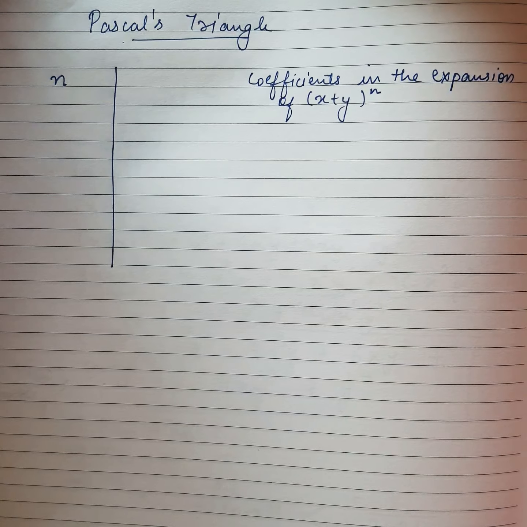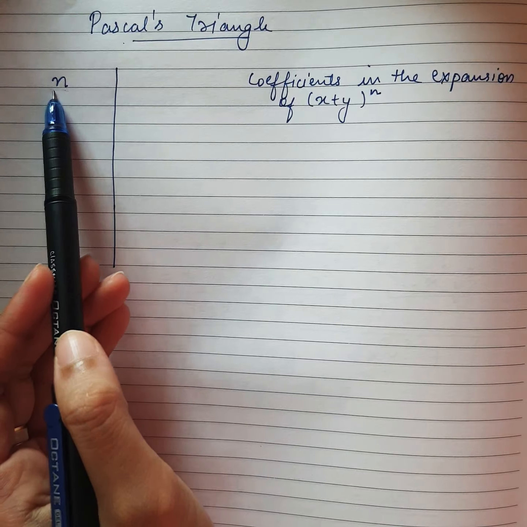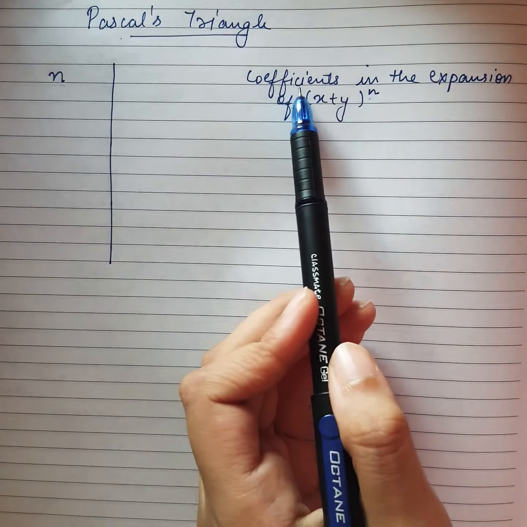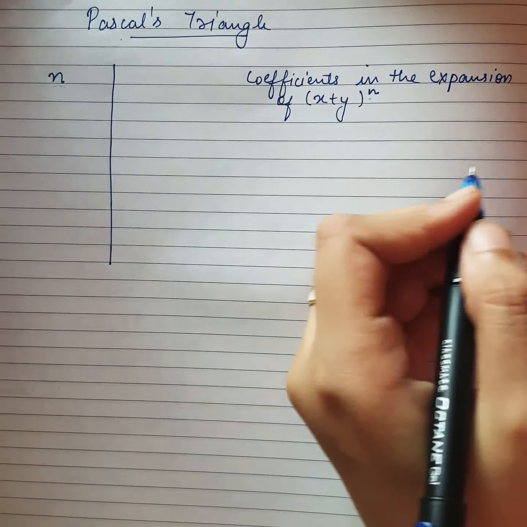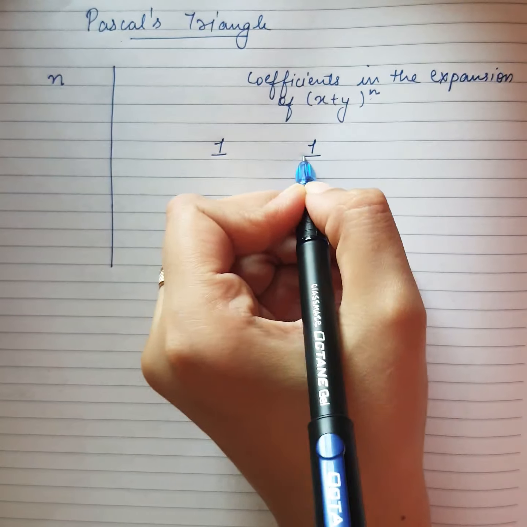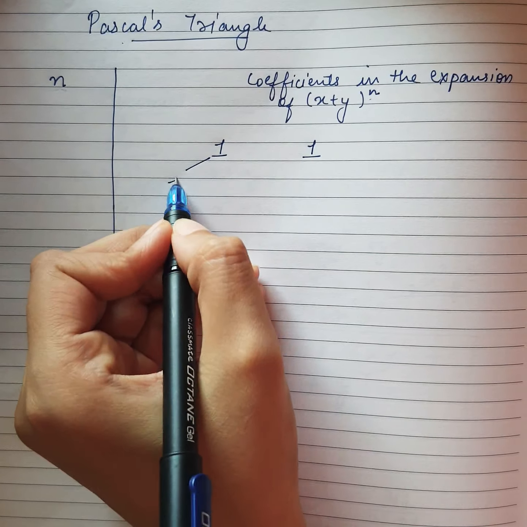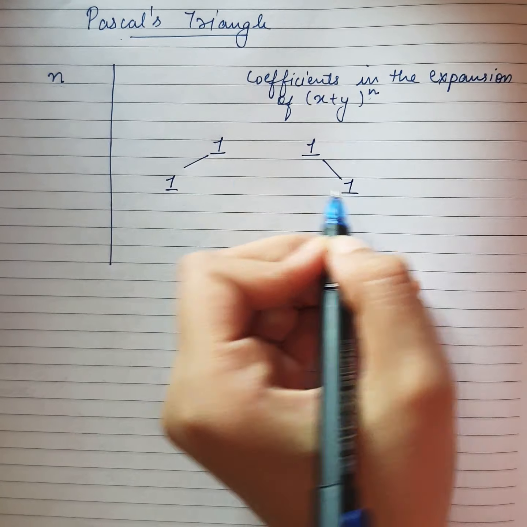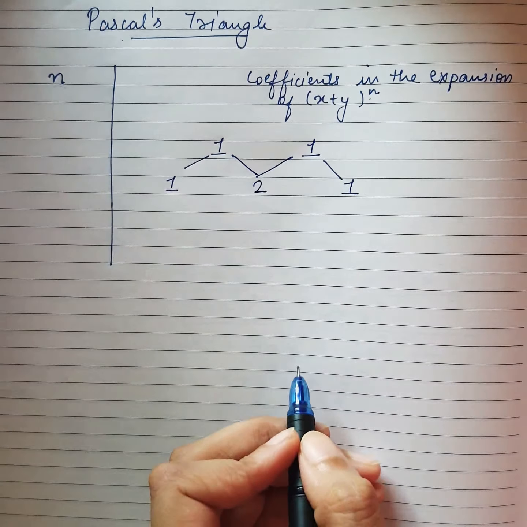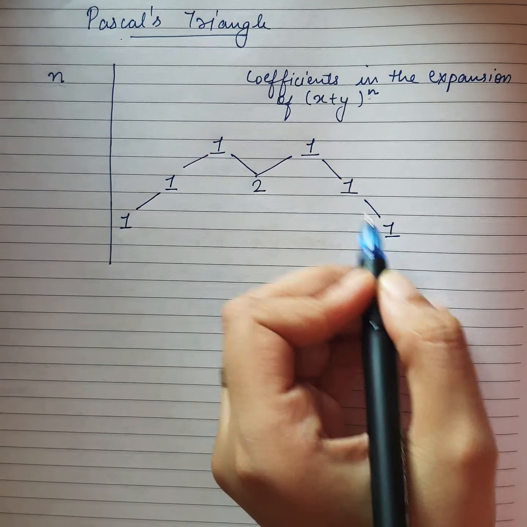Next, a very interesting concept is Pascal's triangle. Here n is the power to which we are raising the binomial. Here are the coefficients. Let us first understand. I am writing two ones. Now 1, 1, and here will be the sum, 1 plus 1, 2. The corners will be 1 because of single addition.